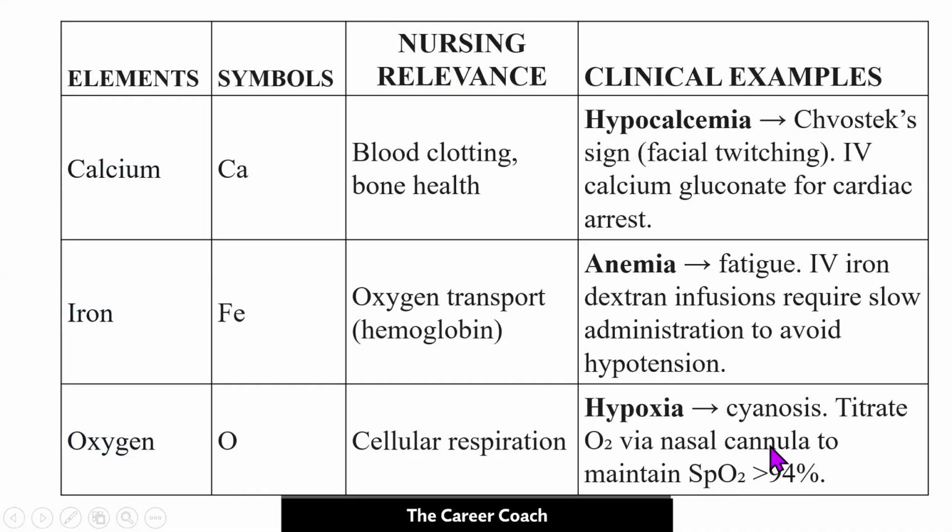And at least it should be above 90. The highest is 100, but anything above 90, 94 is okay. Should be above 94. Okay, we can see here SpO2 greater than 94 is fine.